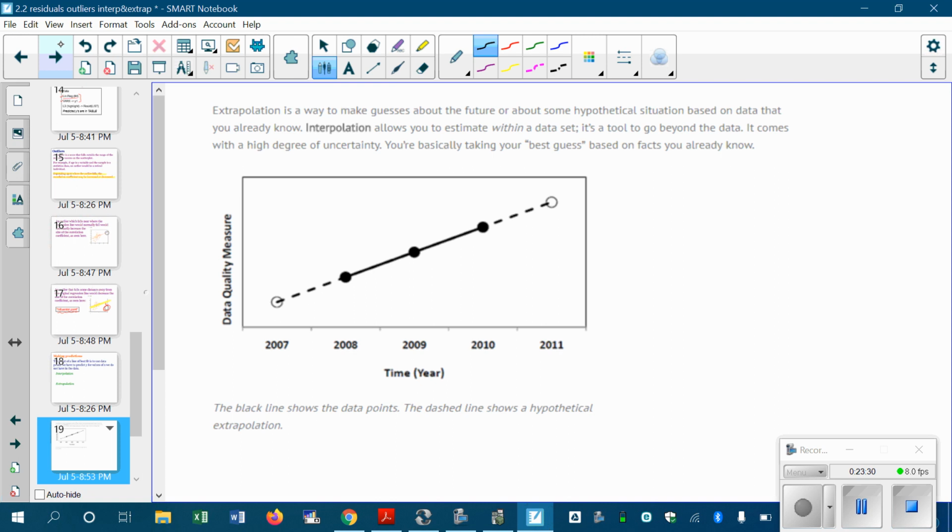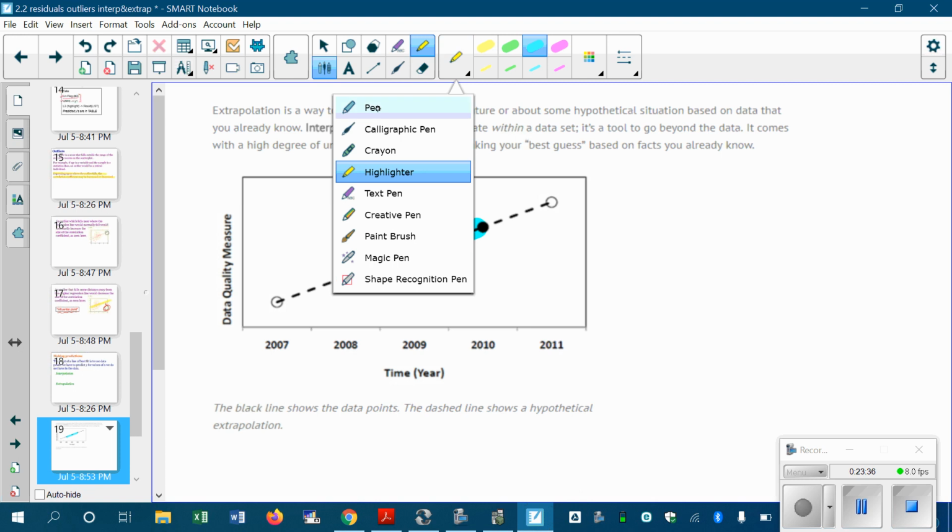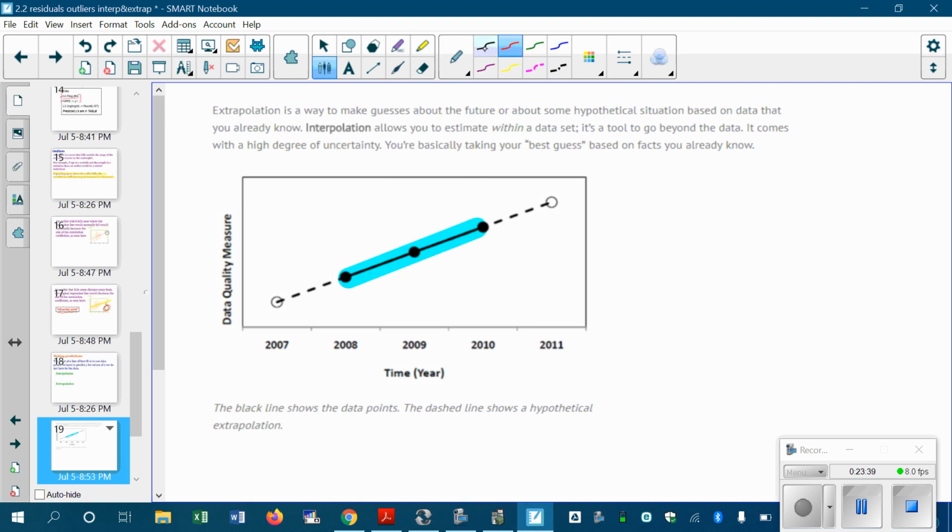So if I had a line of best fit that was like this, and I wanted to know, using my line of best fit, what happened in June of 2009, right, halfway through that year, then I would look here, I'd look at my line of best fit, I would find that point, I'd look over to this side, it would have some numbers on it, and that would be my prediction, okay?